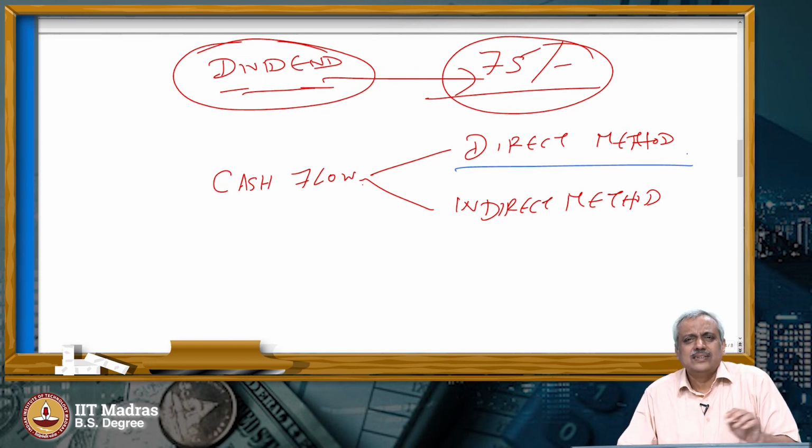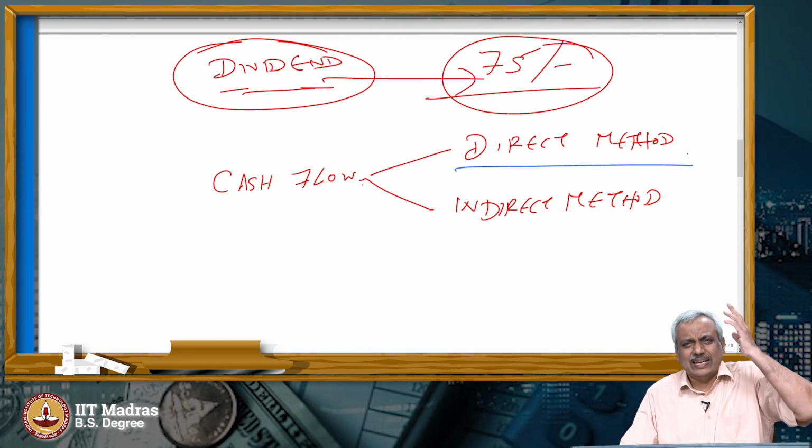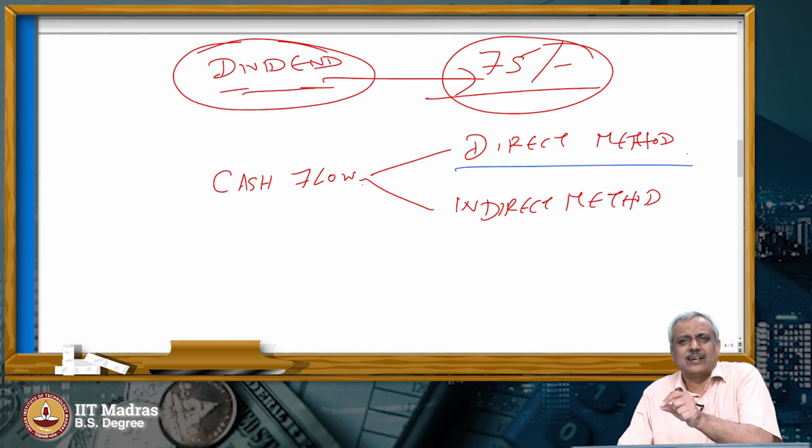I received it today, I will immediately record it. I go out and buy machinery and pay cash, 20% of it I have paid in cash, I will record it. I will repay the loan which I borrowed 5 years back, today I will record my cash outflow because of a loan repayment.